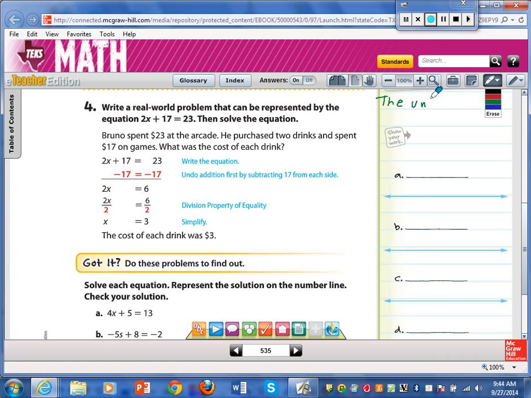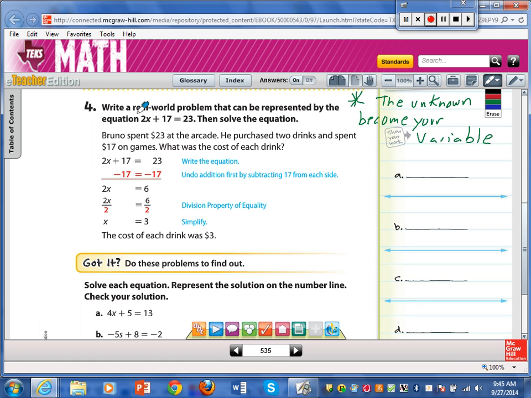The unknown becomes your variable. The part that you don't know is always going to be your variable. This is very important, so make sure you memorize that part so when you're writing your own equations, you know what to give the variable.